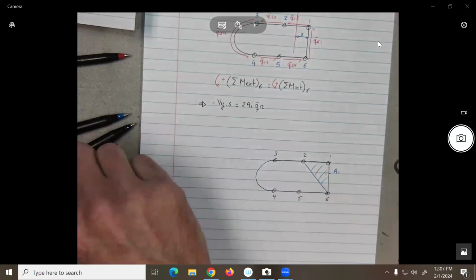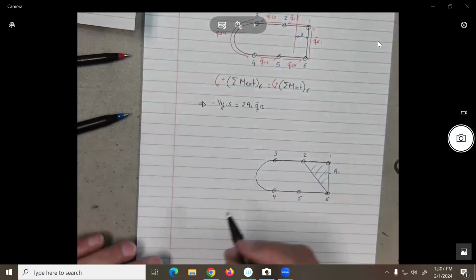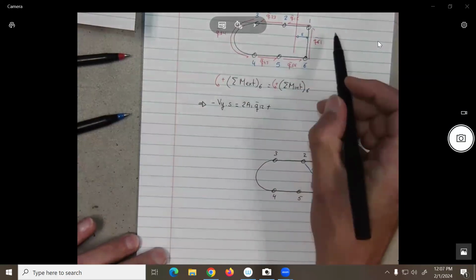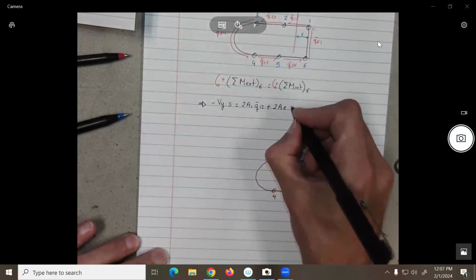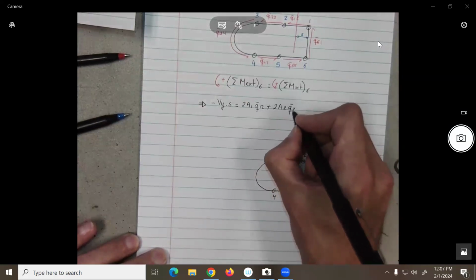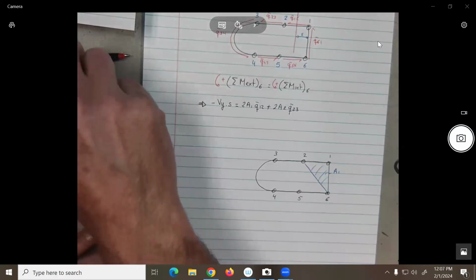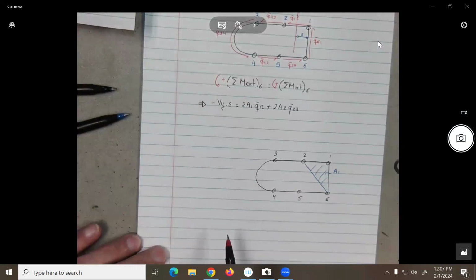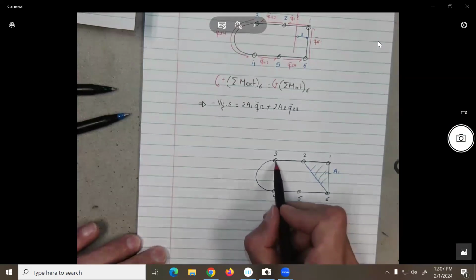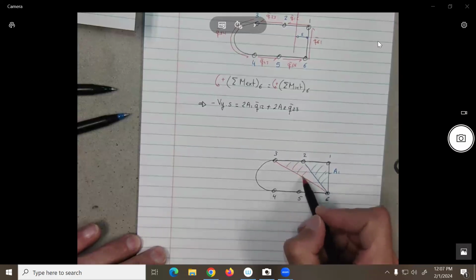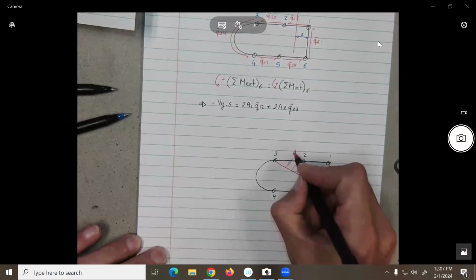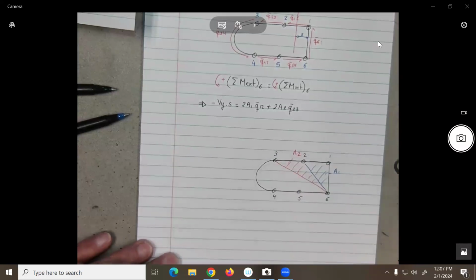All right. Now, what will be the moment created by the Q bar 1, 2? You will have plus Q bar, so we have 2, A2, Q bar 2, 3. What should be that area? This one over here, no?